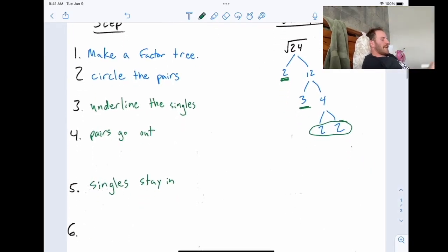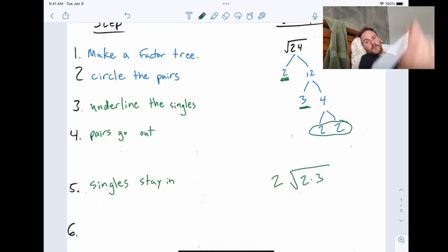Now, what I mean by that is at the end, you're going to end up with another square root sign. The pairs go out. So there's a pair of 2s, so 2 will be out. The singles stay in. We've got 2 and 3.